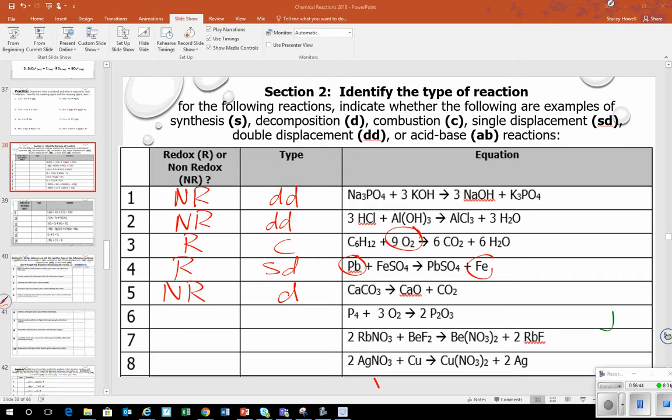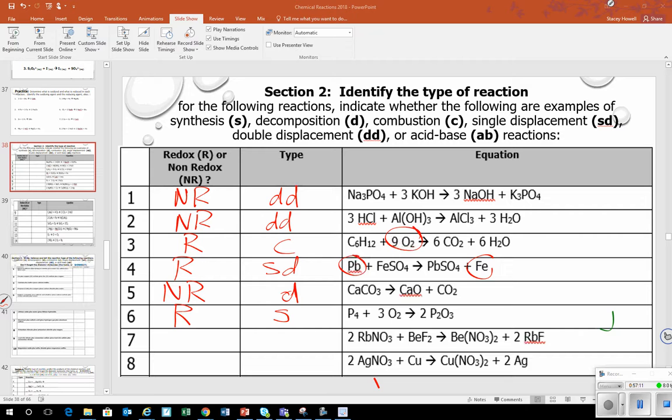Oh, finally, if we go through all of them. Okay, it is decomposition. It's falling apart. Oh, sorry, not decomposition. That's not decomposition. This was. Opposite of decomposition. Synthesis. Synthesis is putting things together, right? If I synthesize something, if I synthesize an English lecture, I put it together. Okay, redox or non-redox? Redox.